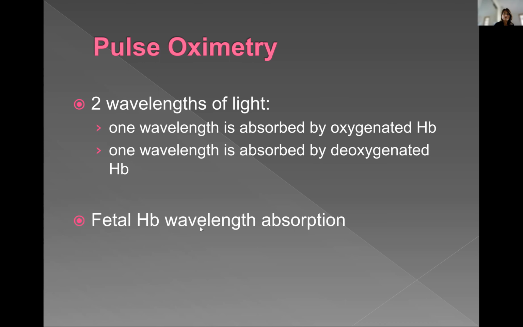Fetal hemoglobin absorbs very similar to the same wavelength of light as adult hemoglobin, so you don't have to do anything different with a pulse oximeter for babies or preemies or neonates.